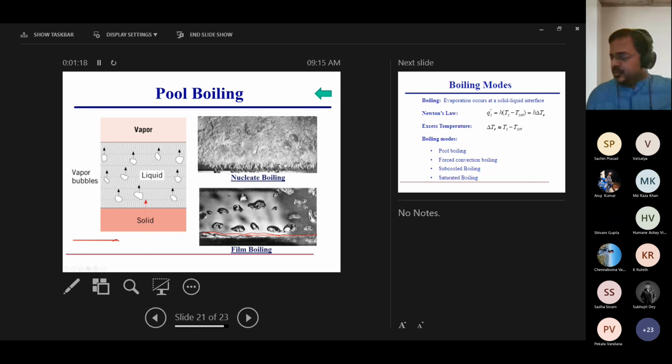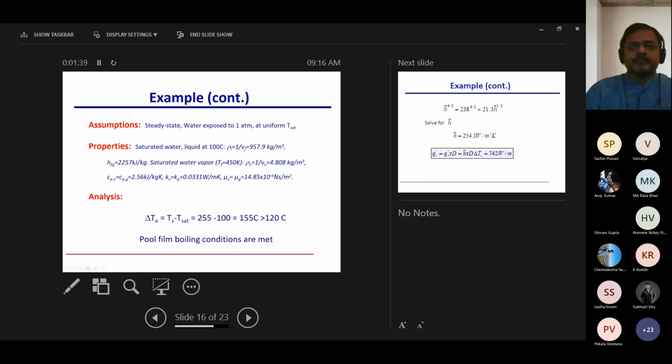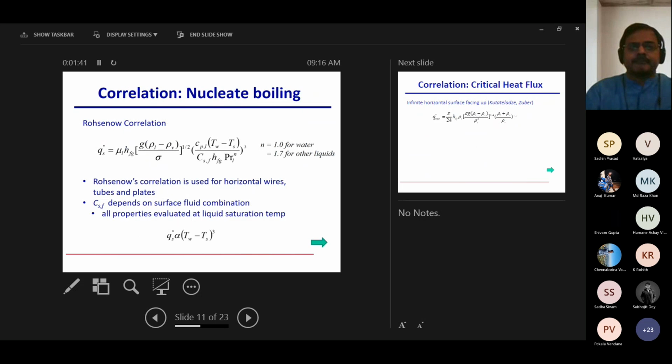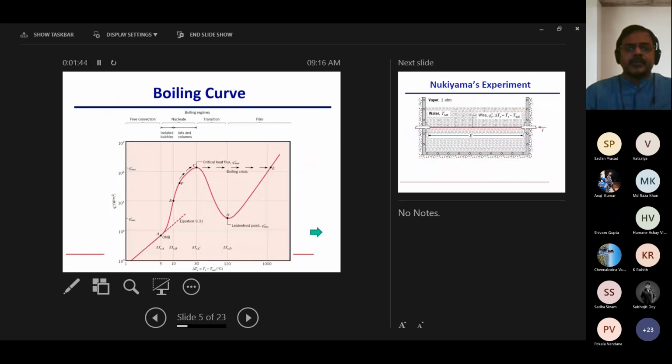And this film hinders the heat transfer from the surface to the liquid pool. So this, my friends, is called film boiling, and the occurrence of this film results in this reduction in heat transfer that we see over here.